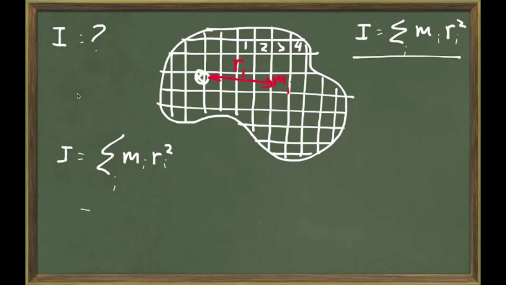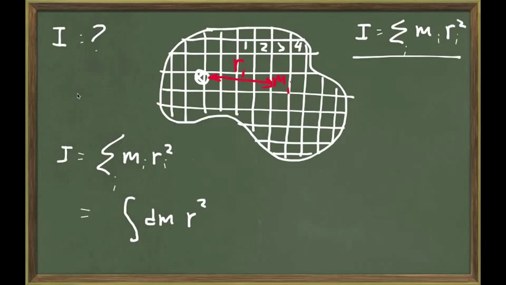Now to make this quantity exact, each one of these pieces will have to be very small, because remember that the definition of moment of inertia applies to point masses. So in the limit, when the slicing is very, very fine, each piece will have an infinitesimal mass, dm, and the summation has to be replaced by an integral. Each of the masses is at a distance r, so we need to integrate over the whole body of the object the amount dm times r squared.